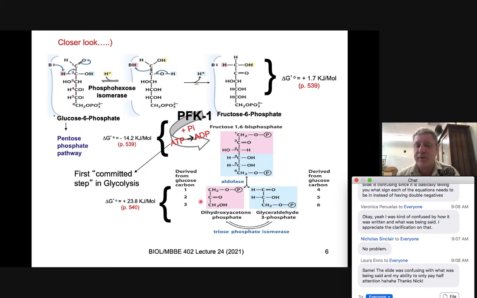So we're going to transfer the dihydroxyacetone phosphate through the triose phosphate isomerase to produce more glyceraldehyde 3-phosphate. The enzyme does the hard work of converting the dihydroxyacetone phosphate to glyceraldehyde 3-phosphate, because this is the one we are going to take on to the next reaction. We're not going to take this one on. We want to convert this one to this, and we're then going to siphon this glyceraldehyde 3-phosphate to the next reaction.